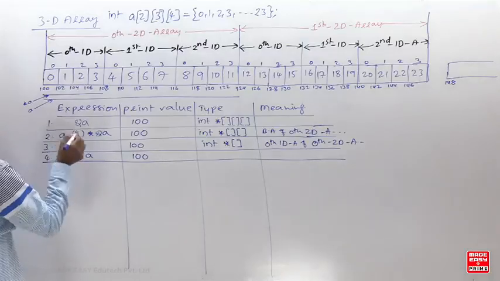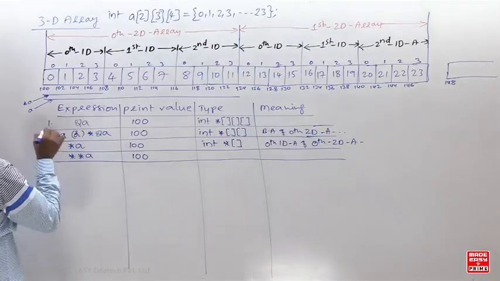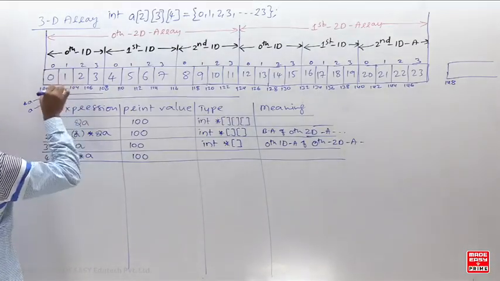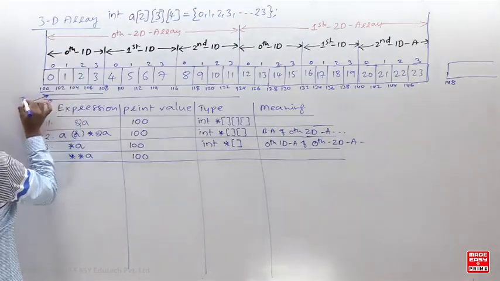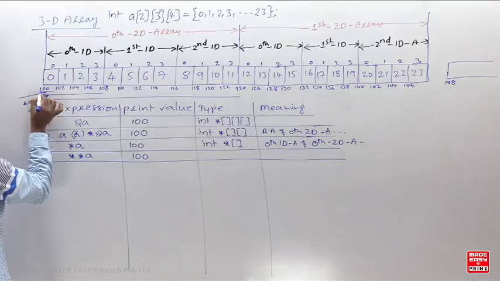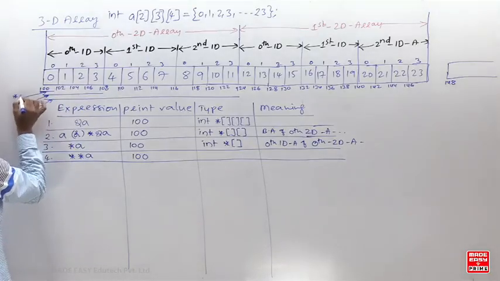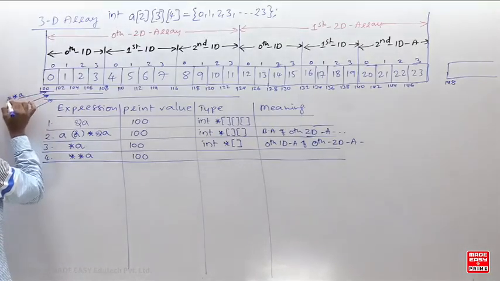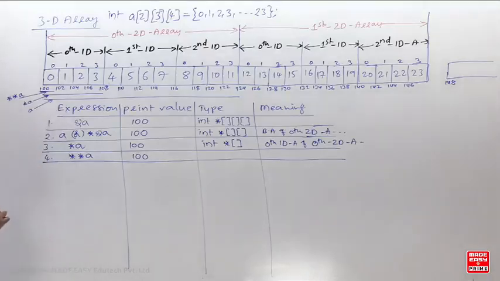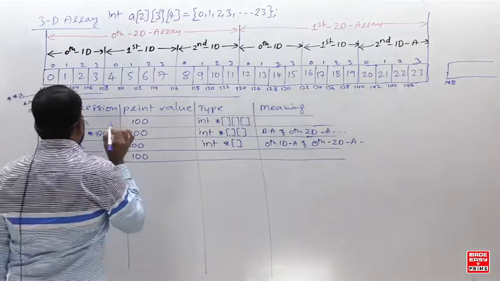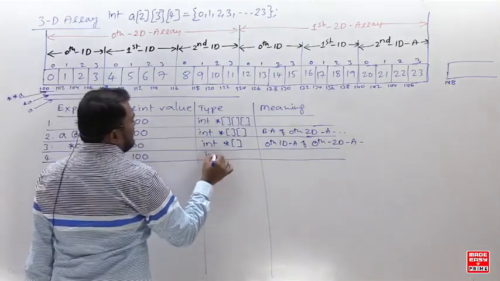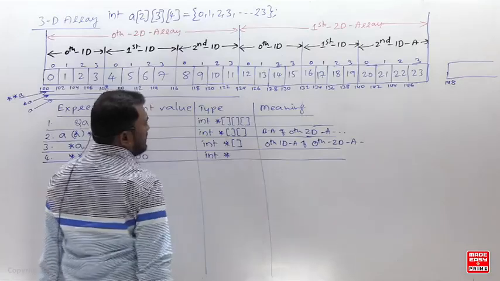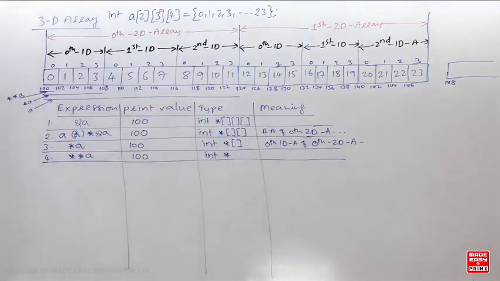If I apply one more star, it goes inside the 0th 1D array, so it will point to an element. I am writing the arrow mark here. So double star a is pointing to this one, an element. It will print 100, but the type here is int star.